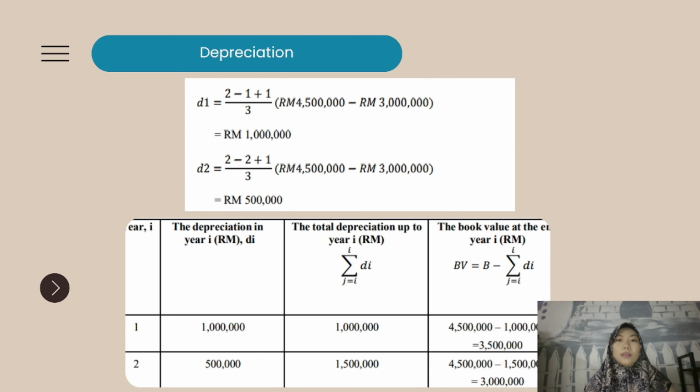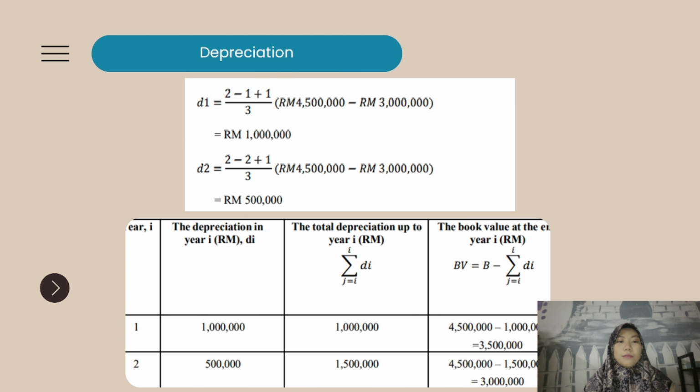D1 is the depreciation for the first year: (2 minus 1 plus 1) over 3 times the cost of the crane minus the resale value of the crane. So for the first year, we get 1 million, and the second year is 500,000.